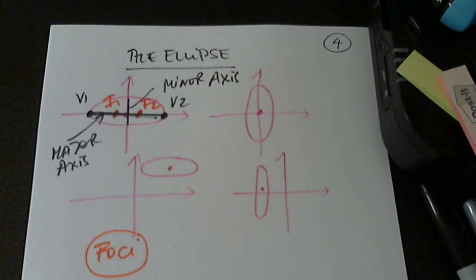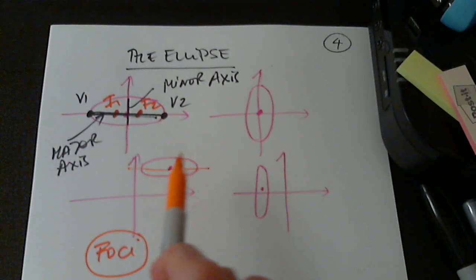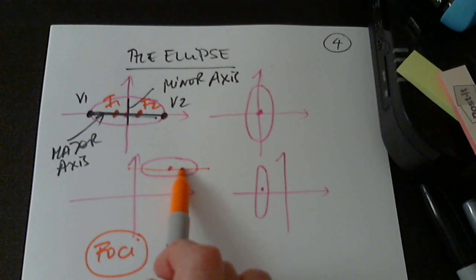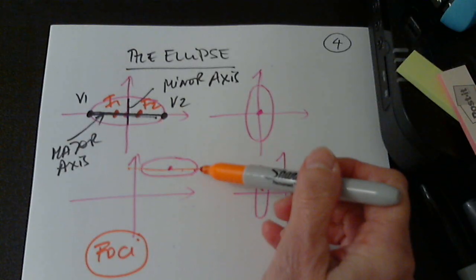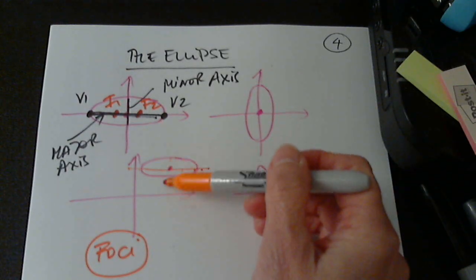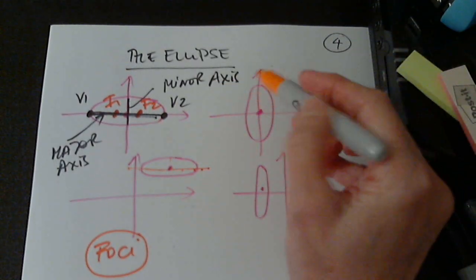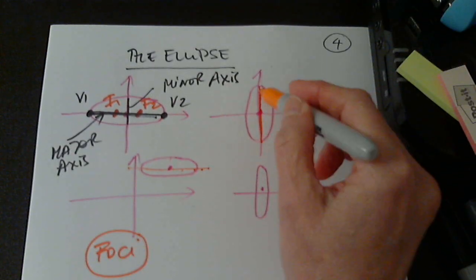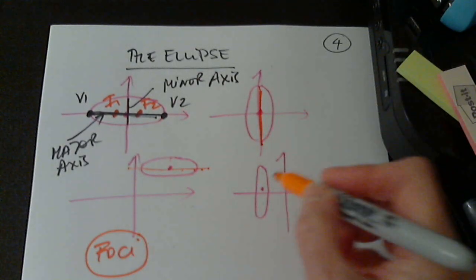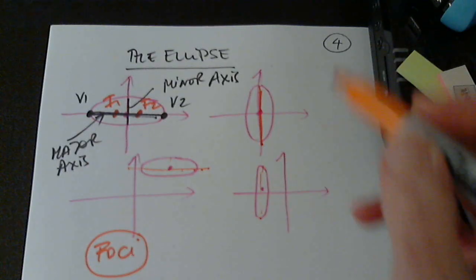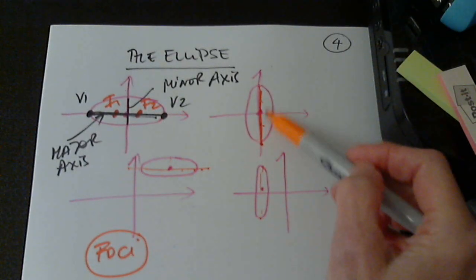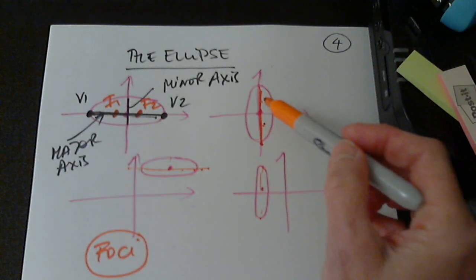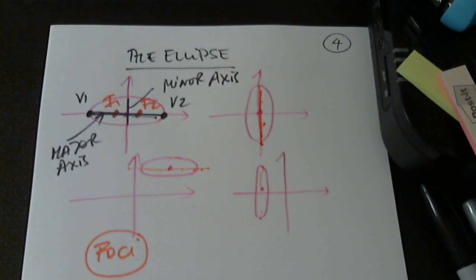What about here? The same thing. The foci are on the major axis, the vertices are on the major axis, and this is the minor axis. Same thing here. The major axis is vertical, like here, and it has vertices and the foci on the major axis.